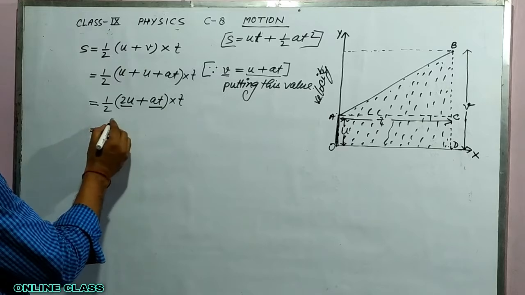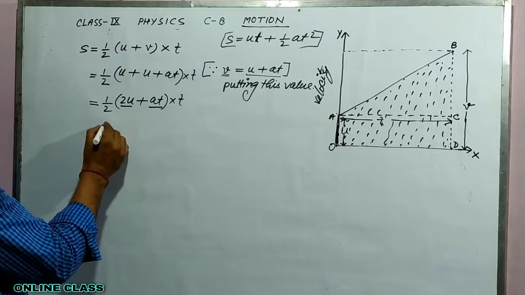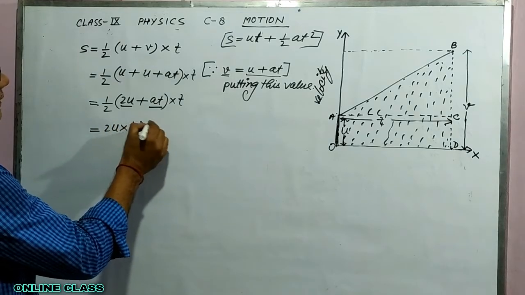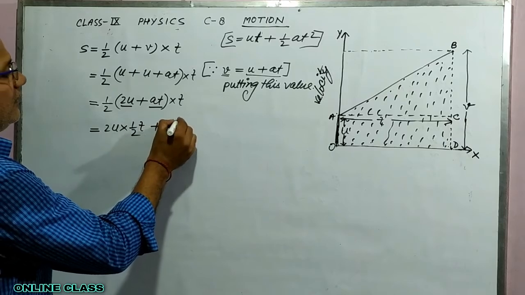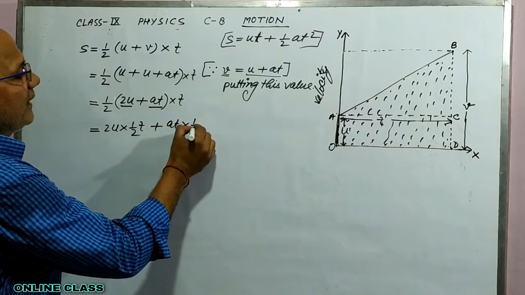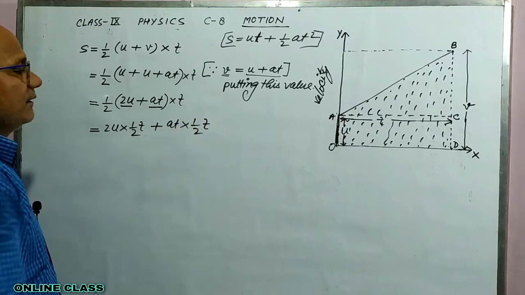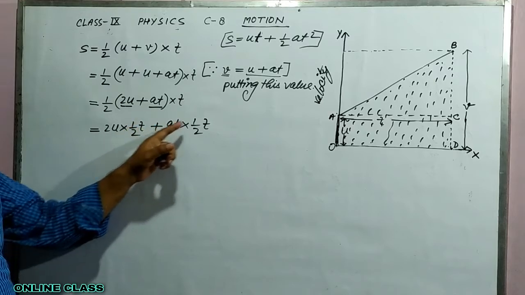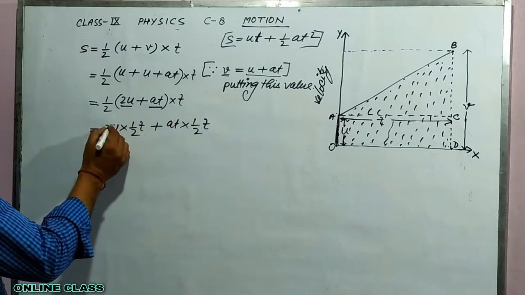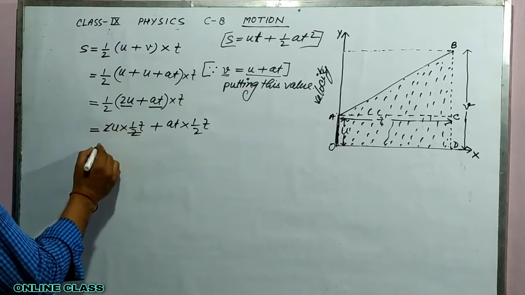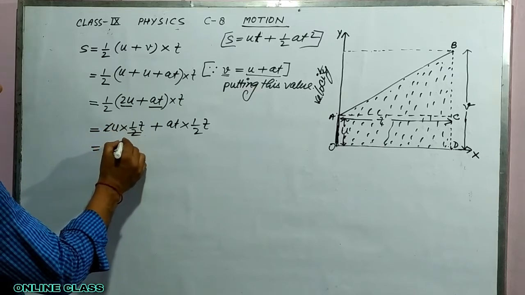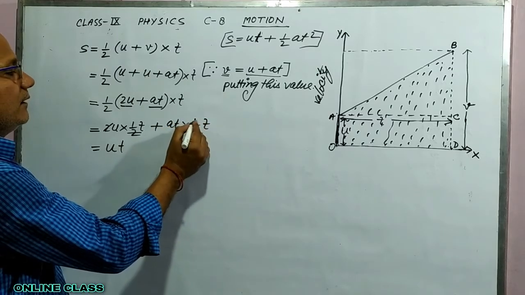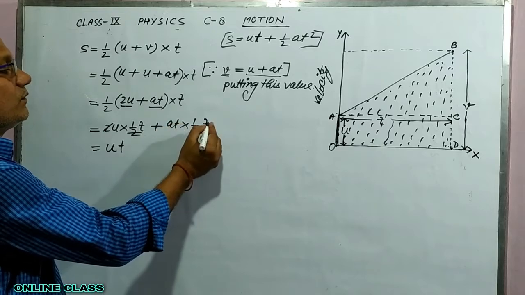So you can write like this, 2u into 1 by 2 t plus at into 1 by 2 t. So we multiply both terms by half t. Okay. So we can cancel 2 2. So this is ut and this is at into half t.